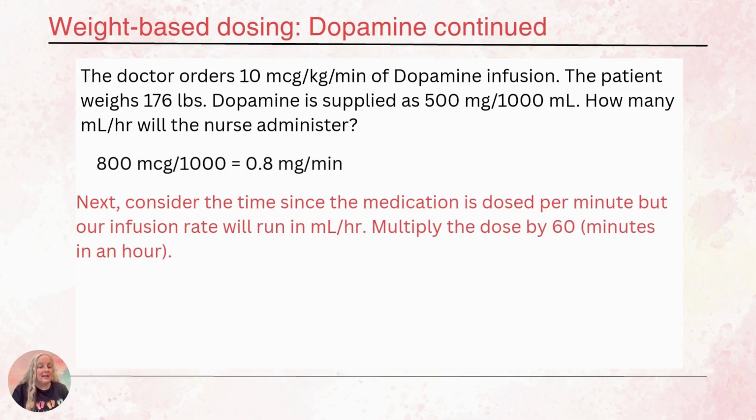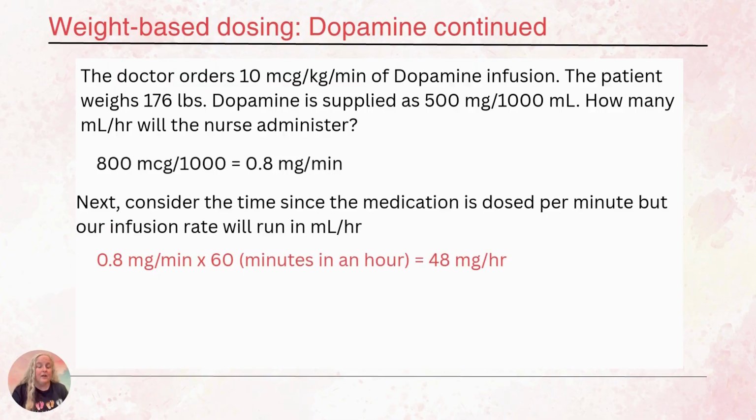Next, consider the time. Since the medication is dosed per minute, but our infusion rate runs in milliliters per hour, we need to multiply our dose by 60 minutes because there are 60 minutes in an hour. 0.8 milligrams per minute times 60 minutes in an hour equals 48 milligrams per hour.